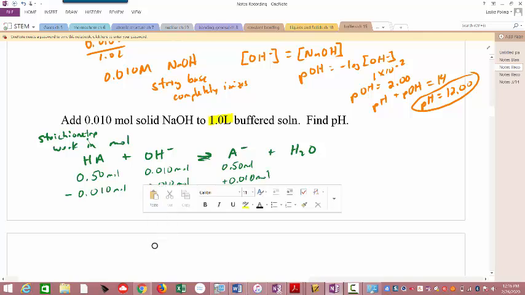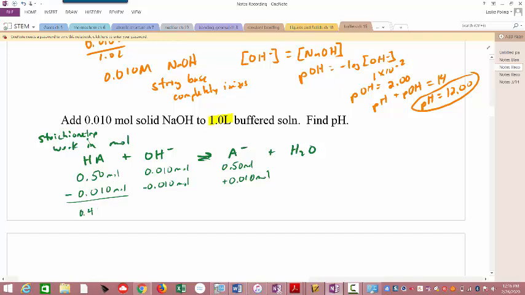Okay. So when 0.01 of the acid reacts with the hydroxide, we are left with 0.49 moles. All of the OH goes away. And now we have 0.51 moles of that.